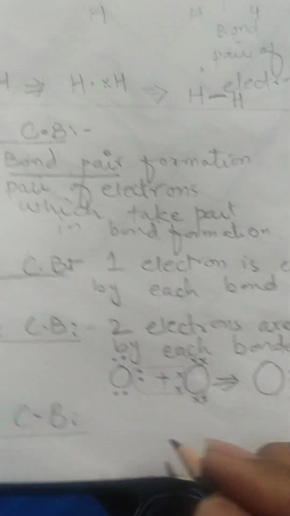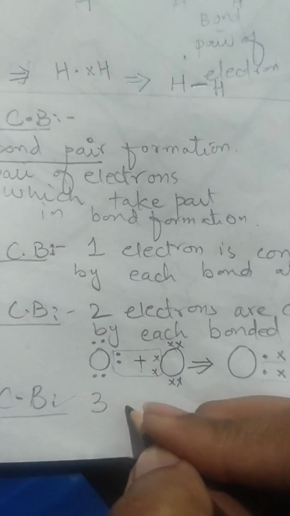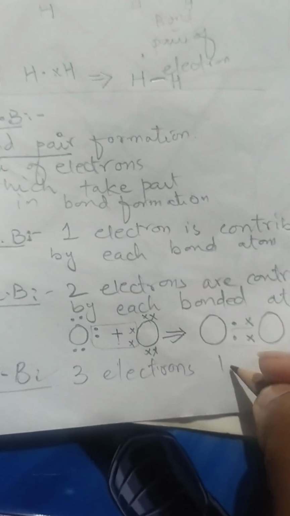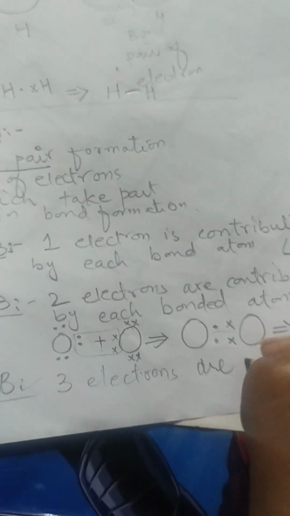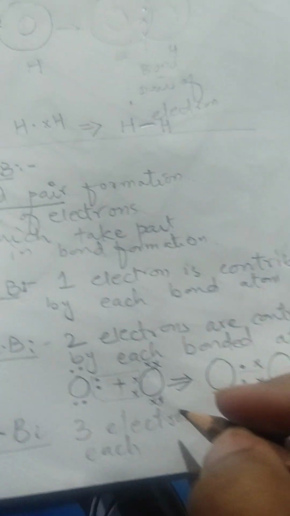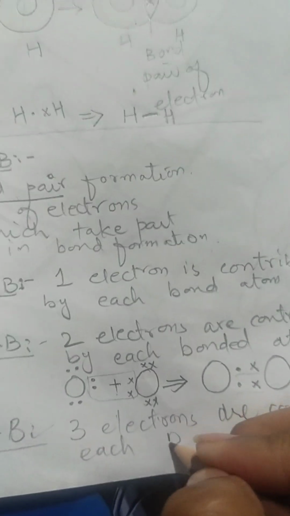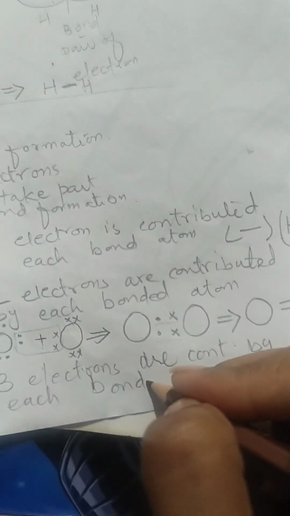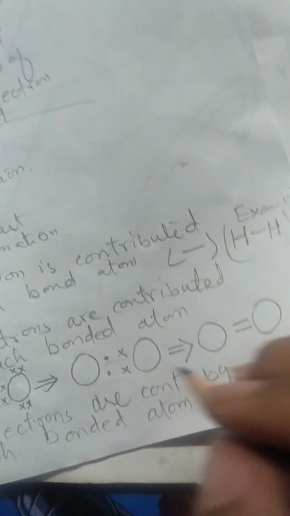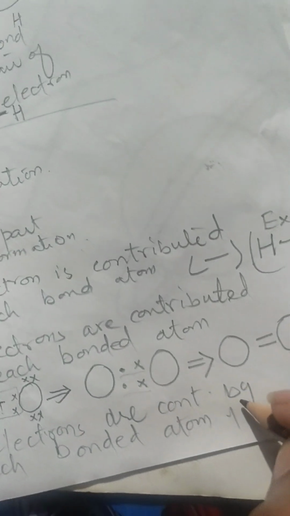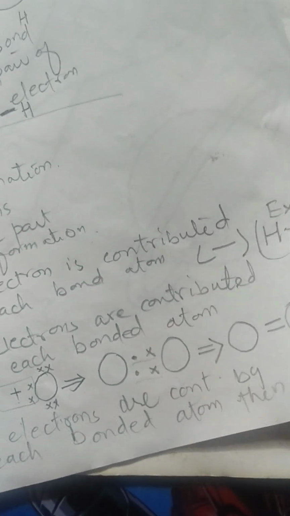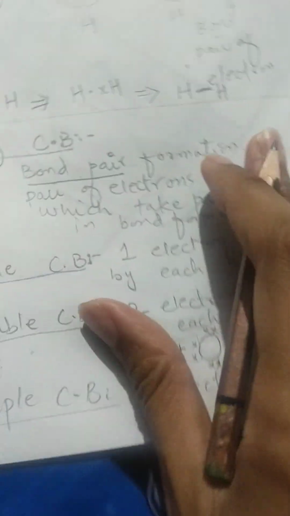If three electrons are contributed by each bonded atom, then it is called triple covalent bond.